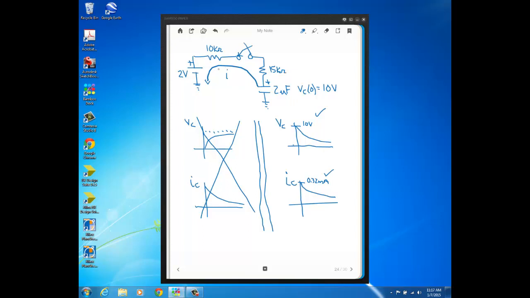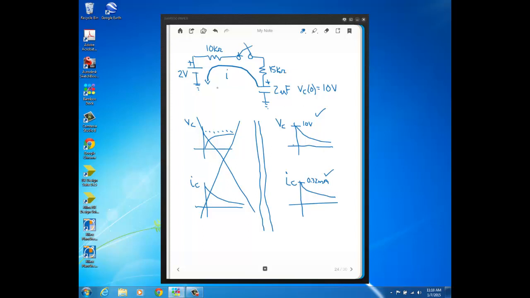Again, if this 2 volt voltage source was not present, say all we had was this 10K in the discharge path, well then this voltage for the capacitor would go to 0, just like it did in the previous problem, on the previous video.